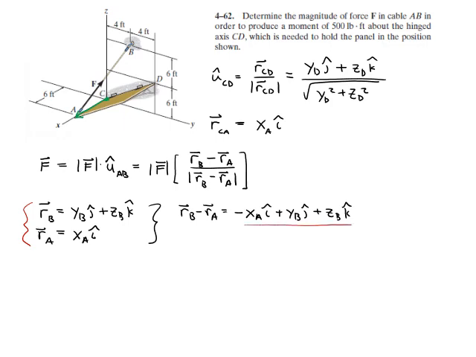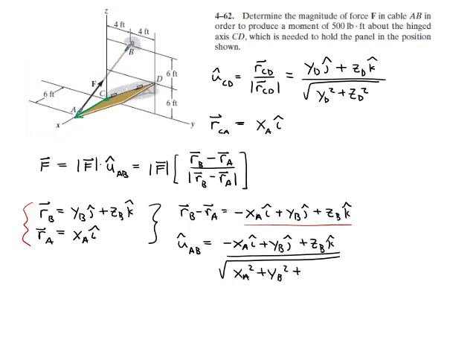And to get u hat AB, we just take this vector that I just wrote, minus x_A i hat plus y_B j hat plus z_B k hat, divided by the magnitude of that thing, which is the square root of x_A squared plus y_B squared plus z_B squared.